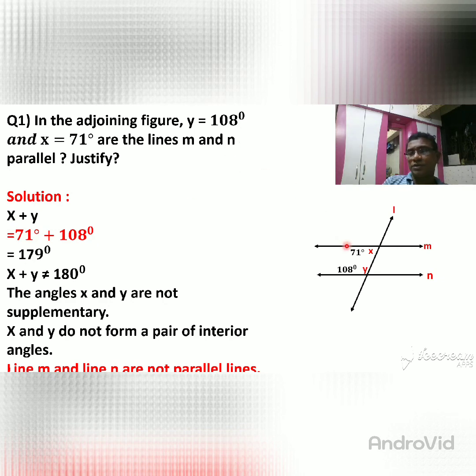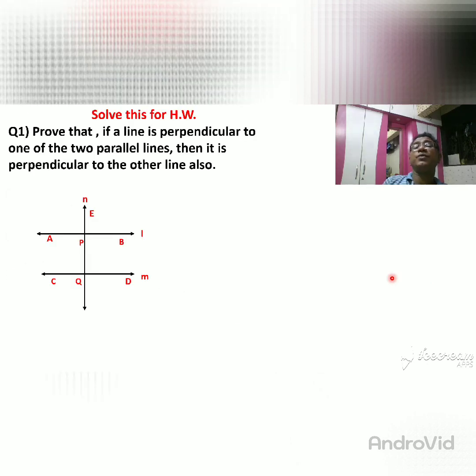When you sum 71 and 108, you get 179 degrees. So it is not supplementary, meaning not 180. So line M and line N are not parallel. I hope all of the students understand very well.